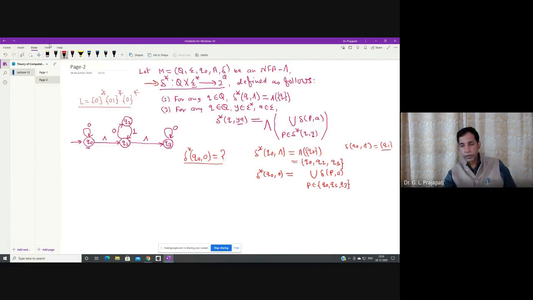Because delta star (q0, null) is equal to {q0, q1, q3}: once your machine takes the input string null at the state q0, it can go to q0, q1 and q3. From these states, if it takes the input 0, where can your machine go? From q1 it takes 0, where can it go? From q3, once it takes 0, where can it go? You need to determine this, then make the union, and then finally compute the null closure of this set.